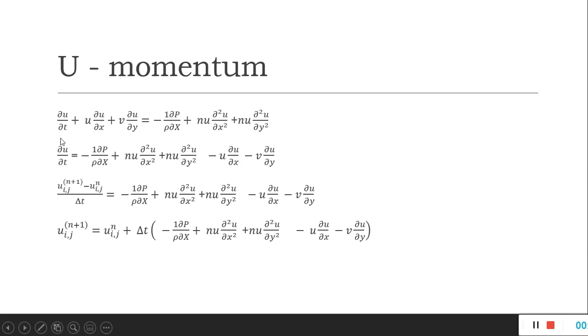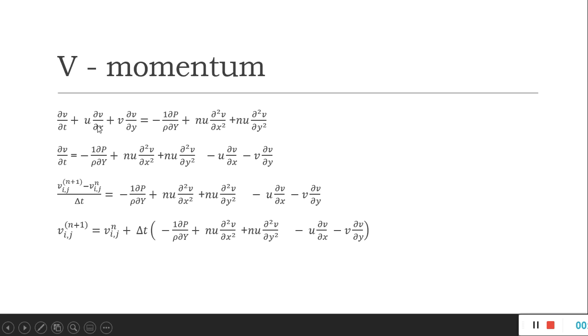When we discretize the time derivative term, this is what we have: uij at n plus 1 minus uij at n, and we can take this delta t to the right hand side and multiply everything there. Because this is a negative term, when we take it to the right hand side it will become a positive term, so it should be added to the right hand side, and then we can get the new velocities from there.